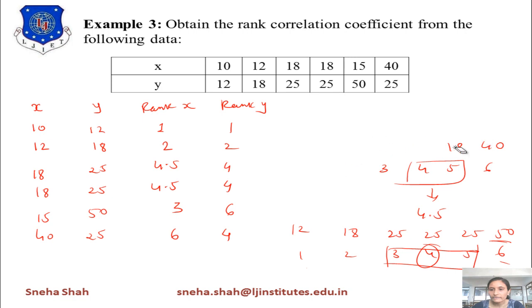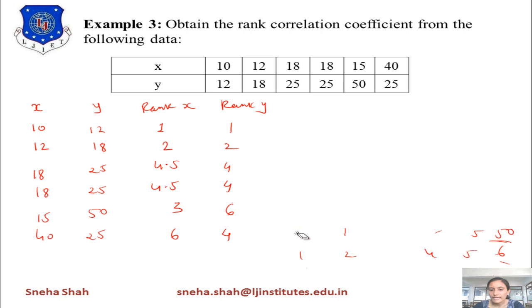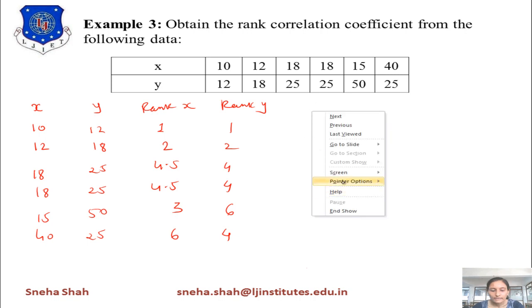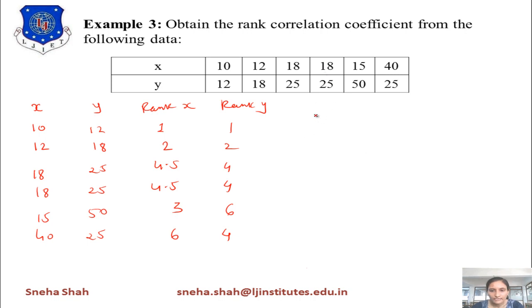So the next column I will take as d, where d equals rank X minus rank Y. Taking the difference, 1 minus 1 means 0, 2 minus 2 means 0, 4.5 minus 4 means 0.5.